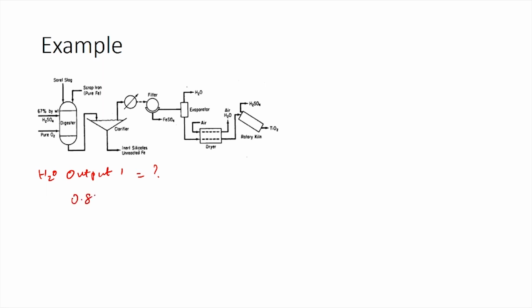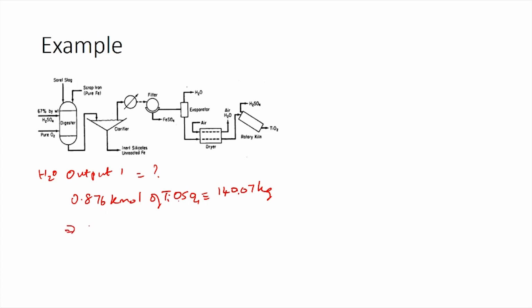So, this 0.876 kilomoles of TiOSO4 would weigh 140.07 kilograms. This 140.07 kilograms constitutes the 82% solution or the slurry which is leaving the evaporator.